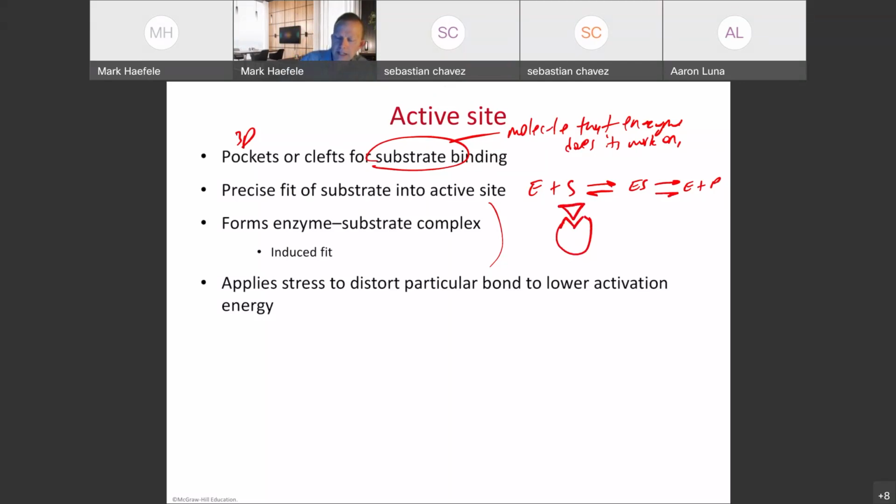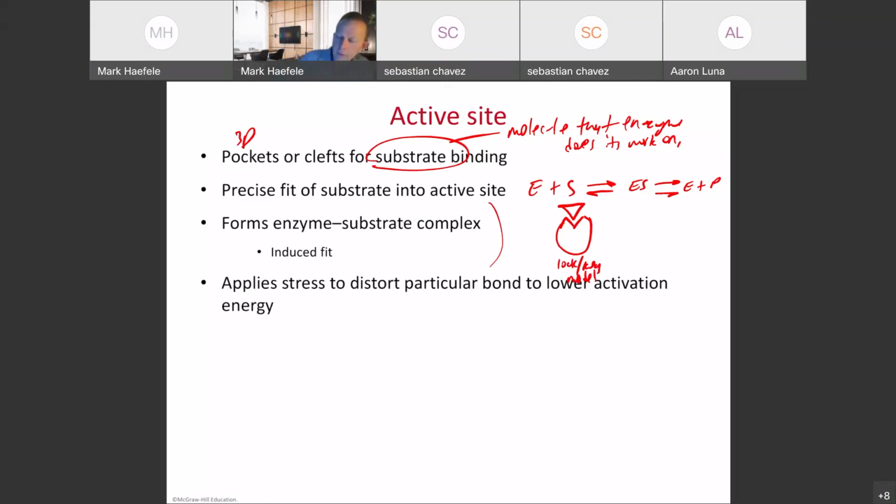That's very much the way that, illustration-wise, we oftentimes will draw it. However, this is what's referred to as the lock and key model. And that's the way we used to think, right? These enzymes walked around, they had these little pockets in them, and they just looked for their shape. Sort of like a lock is a three-dimensional construct, and it's looking for the right shaped key to unlock it. That's kind of what we used to think of.